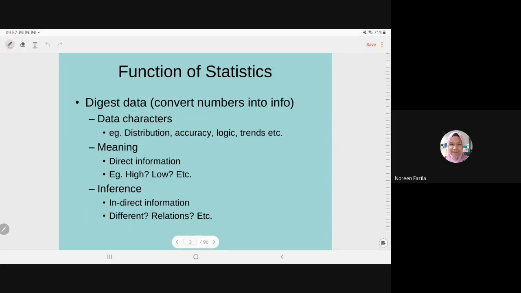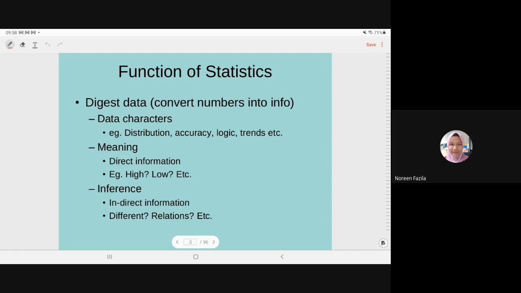And then what are the functions of statistics? For what do we use statistics? There are several functions of statistics in food science. First and foremost, of course, is to digest data. When we do experiments, we only get numbers. The thing is, what do the numbers mean?